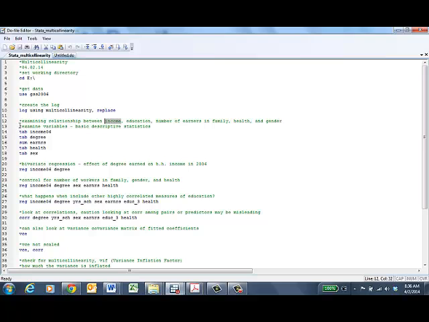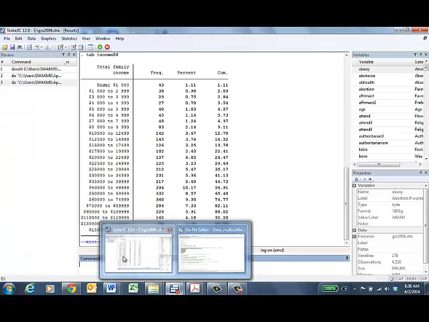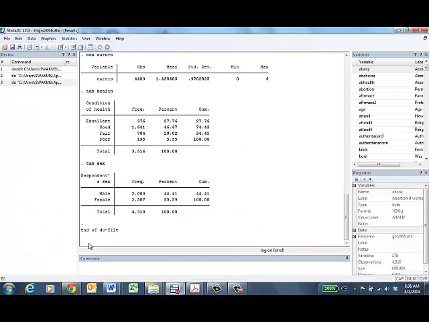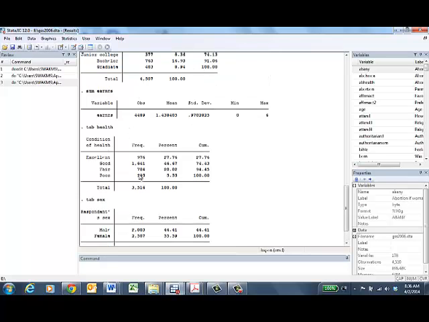So first I'm going to start by examining my main variables of interest. First, this reports the respondents' genders, and you can see that slightly more females answered the survey in 2006 than males. It's fairly close. And then this reports the health status of the respondent.